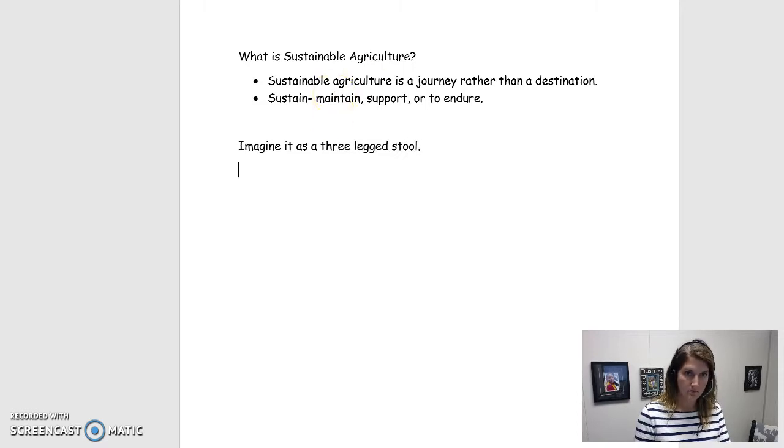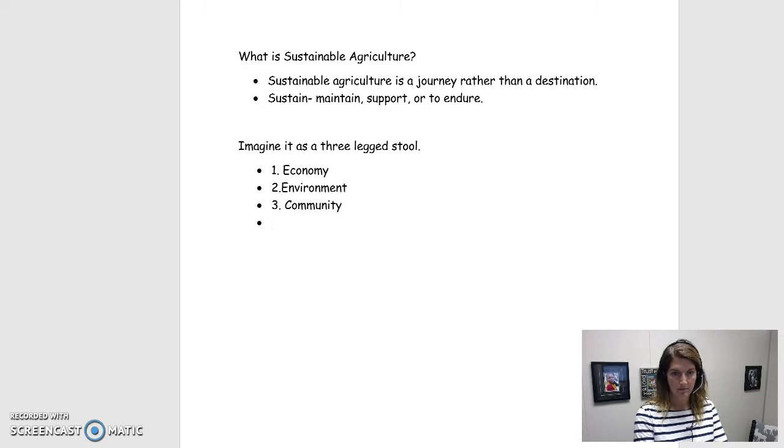The 3 parts would be the economy, the environment, and community. These all play an impact on sustainable agriculture in general.